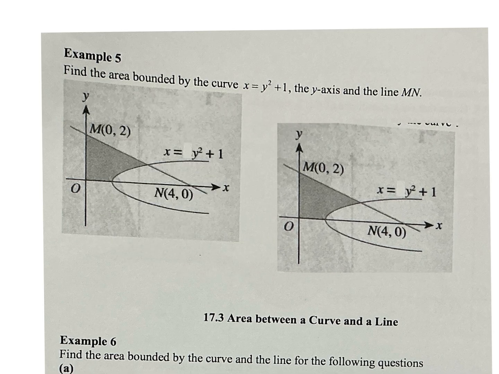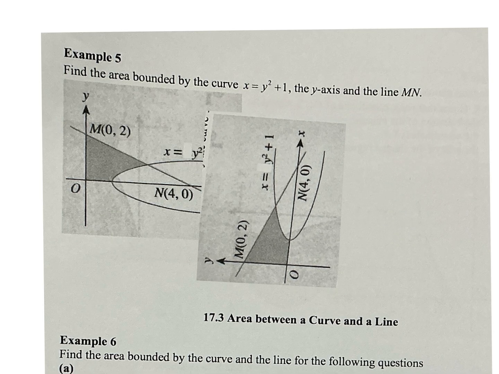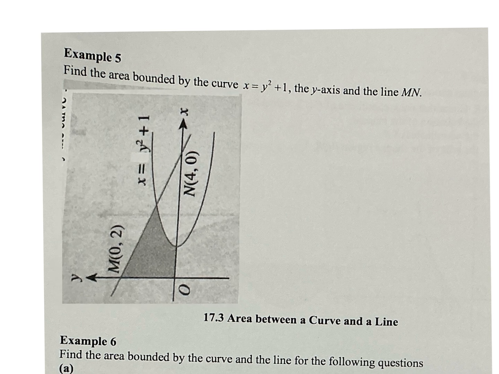You should flip the diagram in this way. It's as if the diagram looks like that. Okay, because you are supposed to integrate with respect to the y-axis. That's why they give you your equation in terms of y. So how will you integrate? Should you split the diagram up? No. Why not?